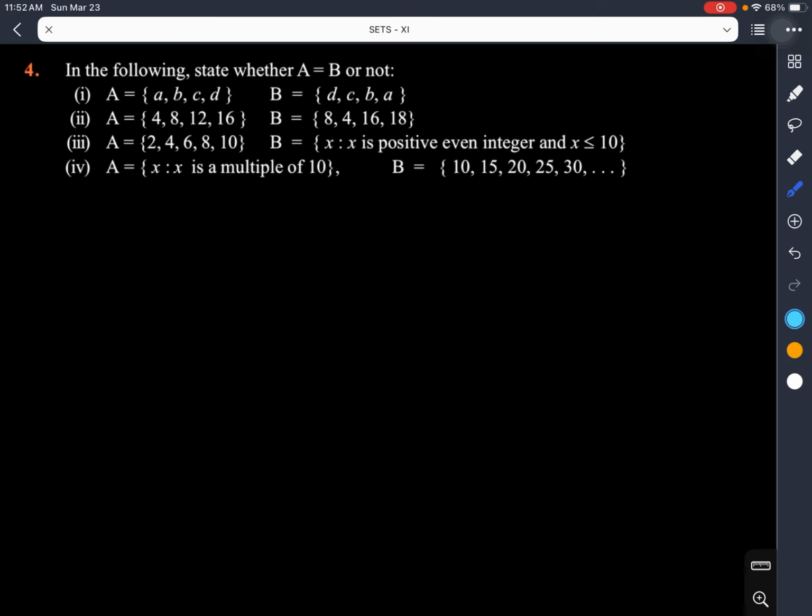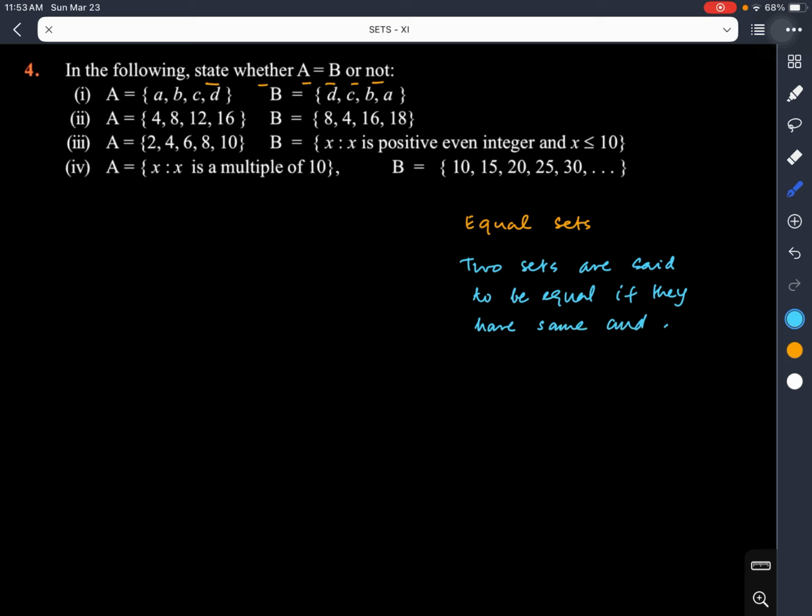Moving towards the next question. The question states, in each of the following, state whether A is equal to B or not. First of all, we have to understand what equal sets are. Two given sets are said to be equal if they have the same and hence equal number of elements.